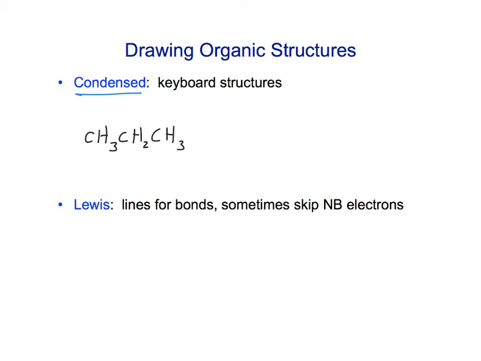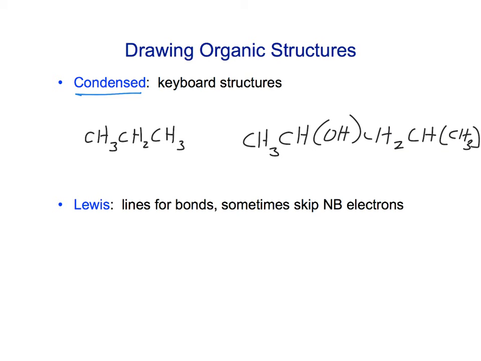So for example, we could have something like this, with an OH there, and maybe another parentheses over here. Alright, so these parentheses here tell us that this OH is attached to the carbon that's to its left.